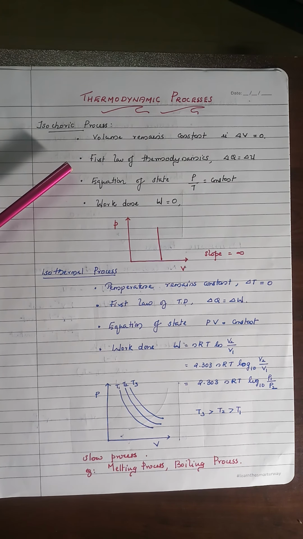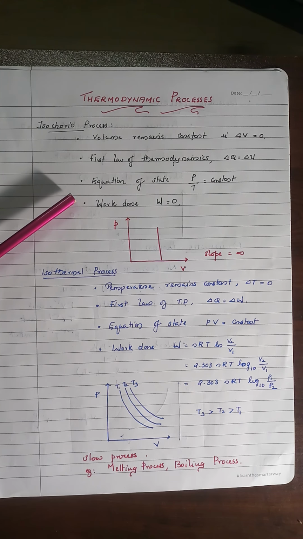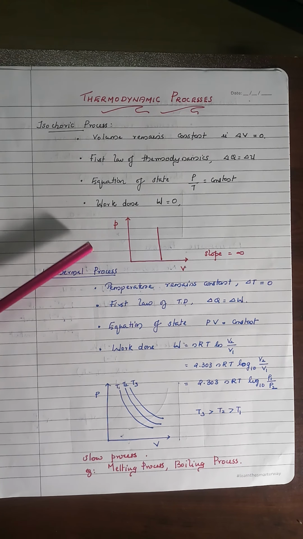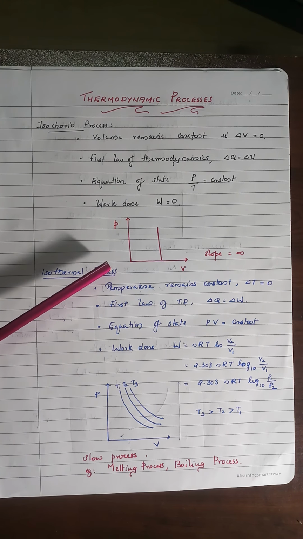Therefore, the first law of thermodynamics takes the form delta Q equal to delta U. Keep in mind for the isochoric process, if you use PV is equal to nRT, P by T is a constant. And here, as already said, the work done is 0, and the volume is a constant. So the curve is like this one, and we can say the slope is infinity.